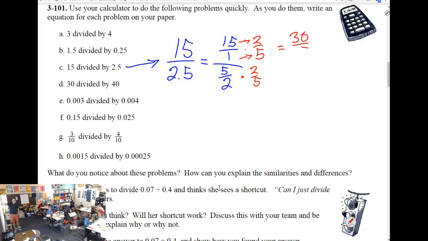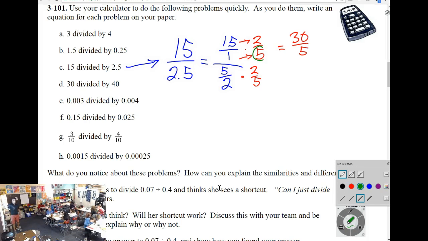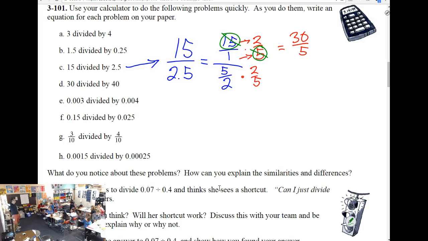Becomes 30 over 5, or I could have actually recognized that this cross reduces if they both are divided by 5. If you're not comfortable cross reducing, it's okay. We'll get better at this through the year. But we cross reduce by dividing diagonal objects by the same thing. If I divide by 5 and divide by 5, I would get 3 times 2, which is 6.